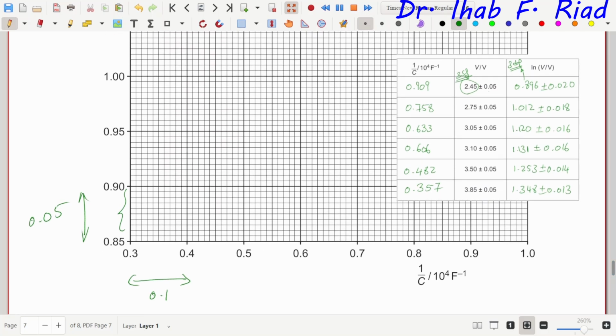So we need to plot the first values, 0.909 and 0.896. 0.9 is over here, so 0.91. This is what we can do.